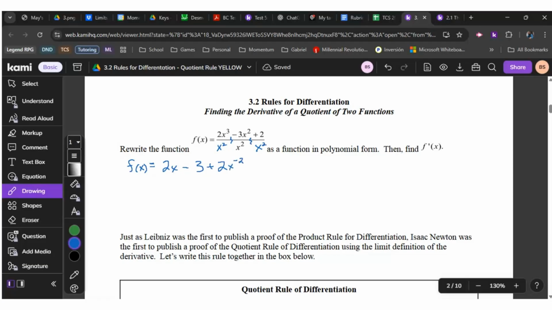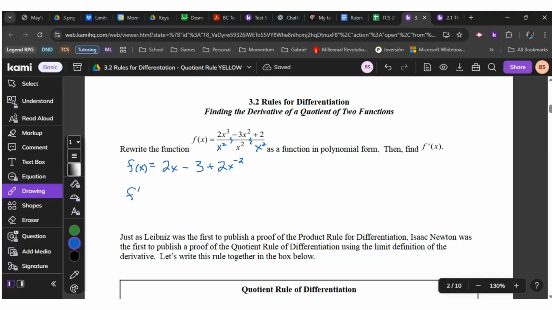Look, 2x cubed over x squared is 2x. Negative 3x squared over x squared is negative 3. And 2 over x squared is 2x to the negative 2. We just split apart the common denominator. We've done this before. Okay?